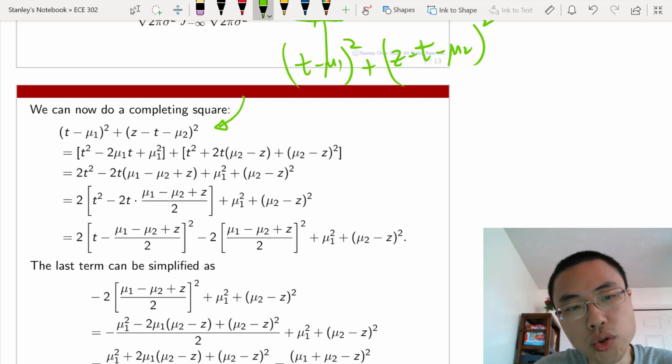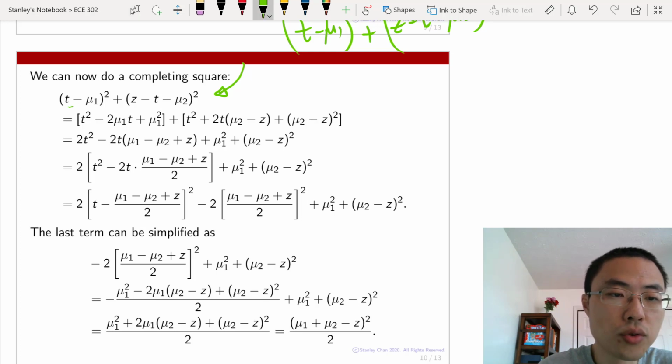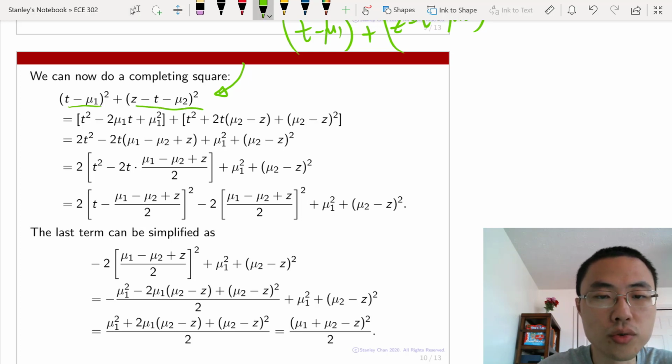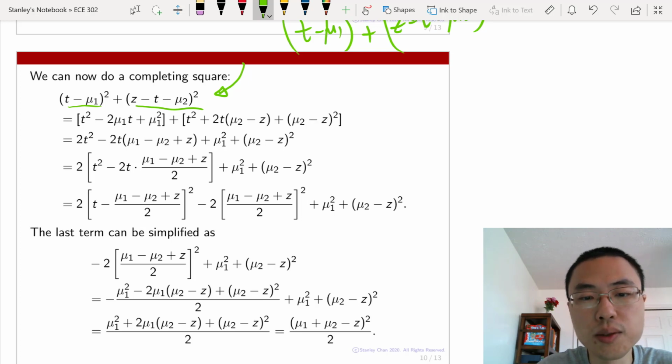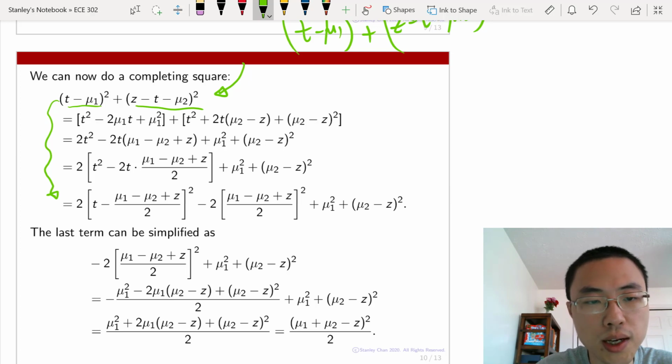What I want to do is a completing square. What I mean is that I expand all the terms. There's a quadratic term, another quadratic term, and then I want to regroup them in a specific way. I will skip the derivation here, which I believe everyone can follow by yourself. You go all the way to the bottom of this line.